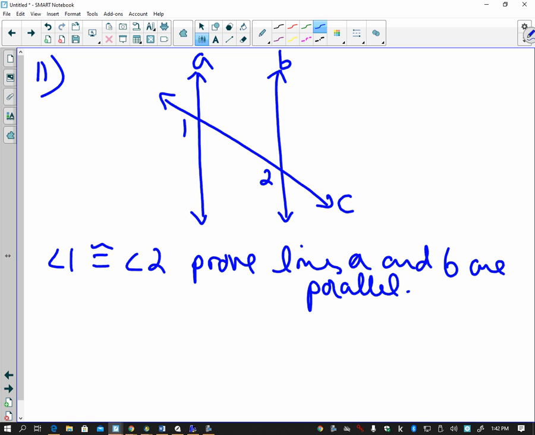Yeah, but that won't be enough. It's not enough to say corresponding angles. There's more to the statement. Converse of the corresponding angles postulate.